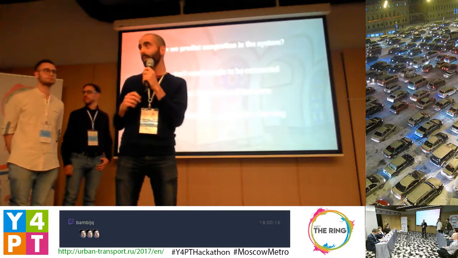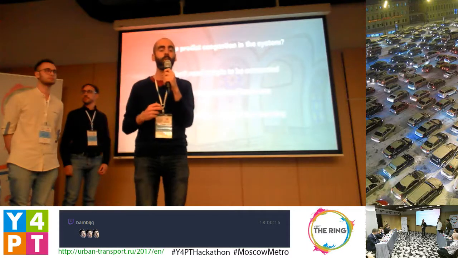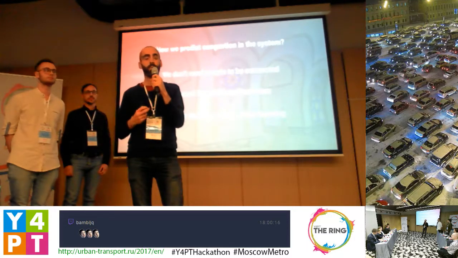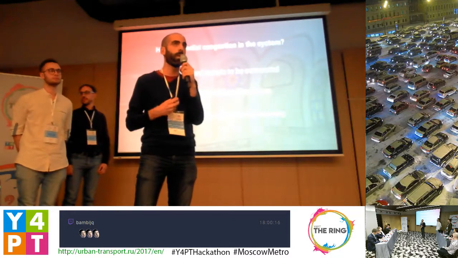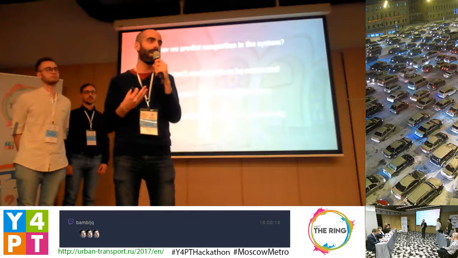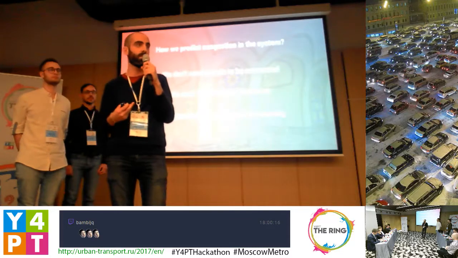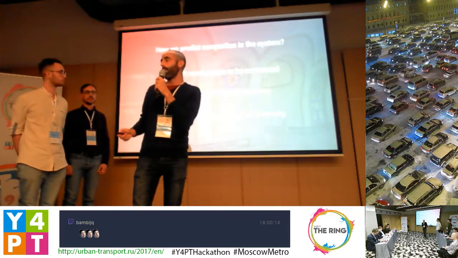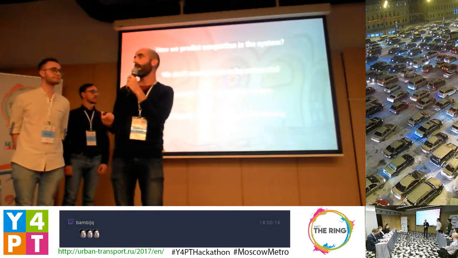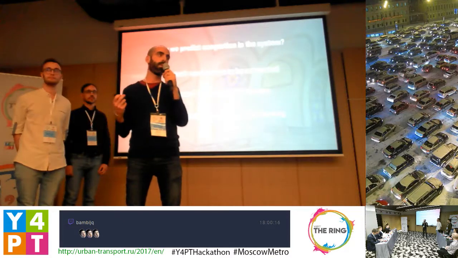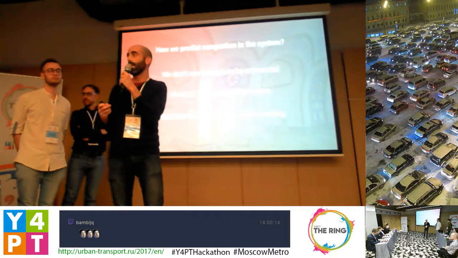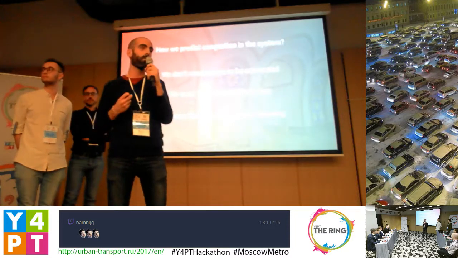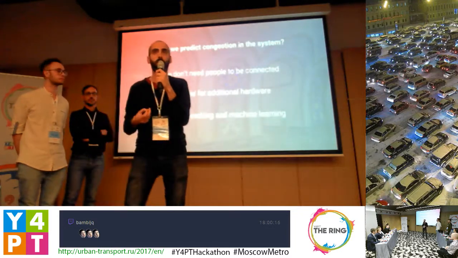What I want to make clear is that we are not going to tell where there's going to be a congestion right now, but in the future we will be able to predict it over time, so we can take decisions to prevent them. Also, all the hardware is already there, so the investment would be minimal, because all the tunnels are full of routers and we wouldn't need to install anything at all.